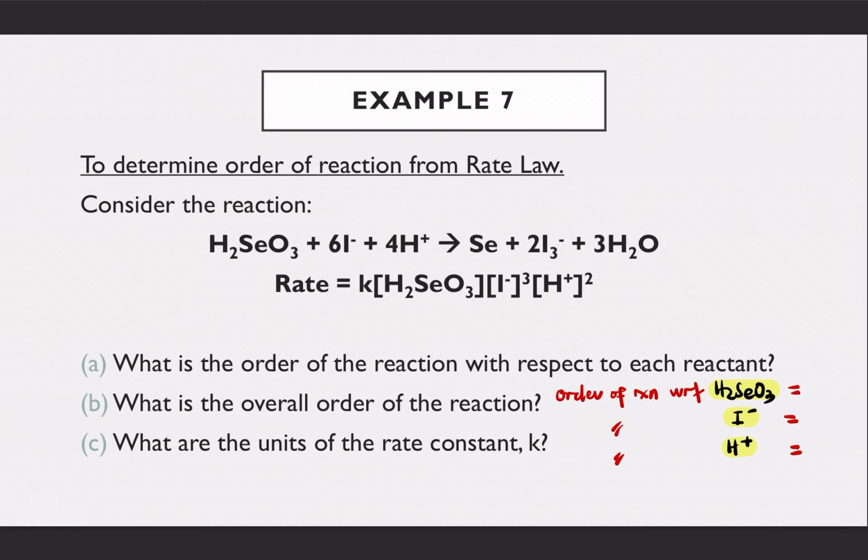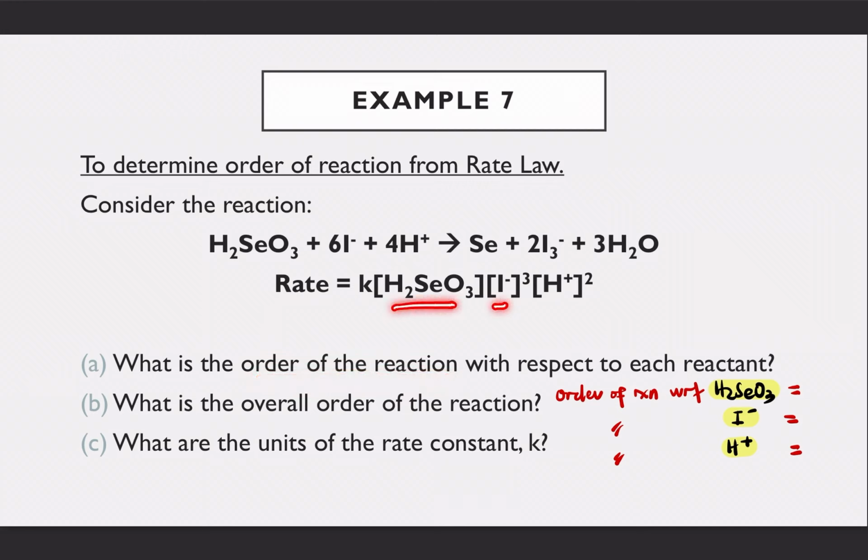Alright, so let's do this example to determine the order of reaction from the rate law. So you are given this chemical equation and you are already given the rate law. When you are given the rate law, you can directly know the order of reaction with respect to your reactants H2SeO3, I minus, and H plus. For the first question, they ask what is the order of reaction with respect to each reactant.